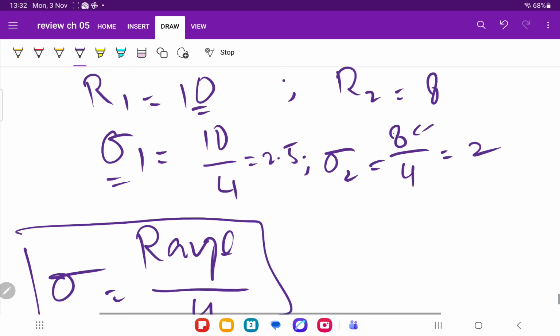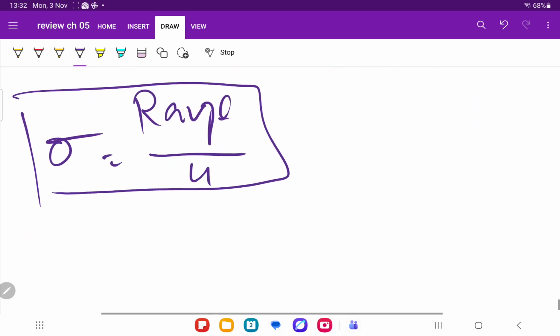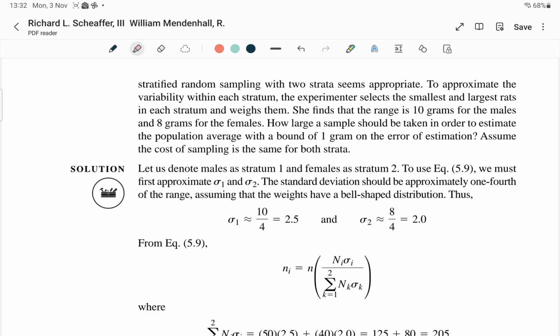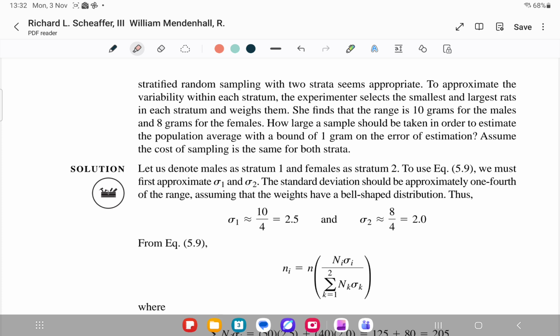Now we have to see another part of the statement. How large should a sample be in order to estimate a population average with a bound of error of 1 gram? So 1 gram is B basically. Assume the sampling cost is the same.